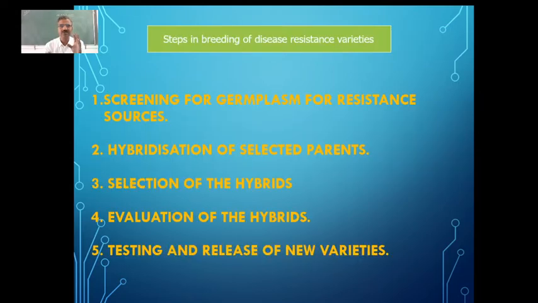In conventional breeding, as we have already seen, there are 5 important steps which we take: collection of germplasm, then hybridization of the selected parents, then selection of hybrids for the superior recombinants, then evaluation of the hybrids, that is nothing but the testing, then again testing the hybrids which we have got, and then releasing it as cultivars.